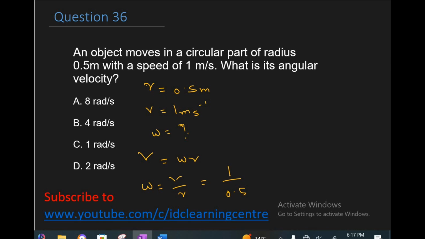When you divide 1 by 0.5, you're going to have your answer as 2. The unit of angular velocity is rads per second. That's 2 rads per second. So that means option D is the correct answer for this question.